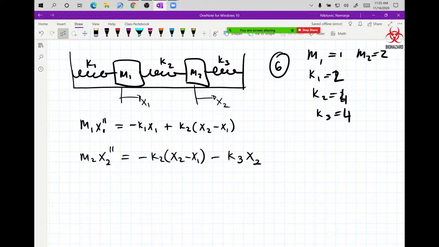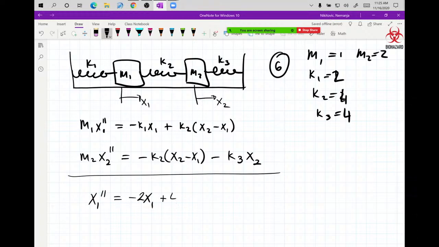Plug in values and collect terms. So when I plug in M1 is equal to 1, I'm not going to write 1, I'm just going to say this, right? And then I have negative 2x1 plus 4x2 minus 4x1, and we'll collect the terms.